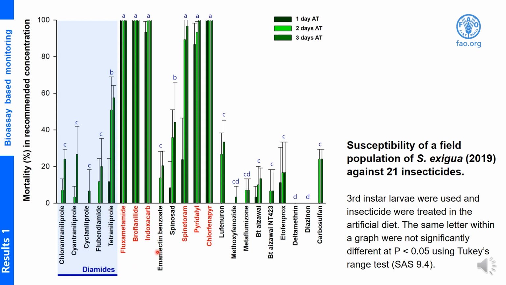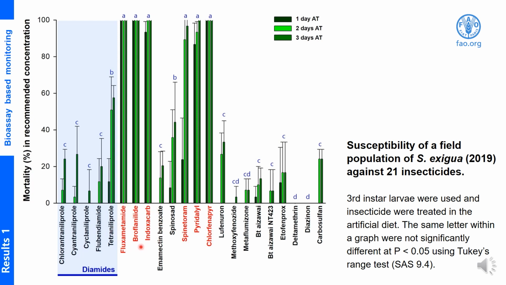So let's think about it like this. If there is some kind of pest in your field and we treat just one time with one kind of insecticide, the control efficiency is really low. But if we use another kind of insecticide, the control efficiency is really good.